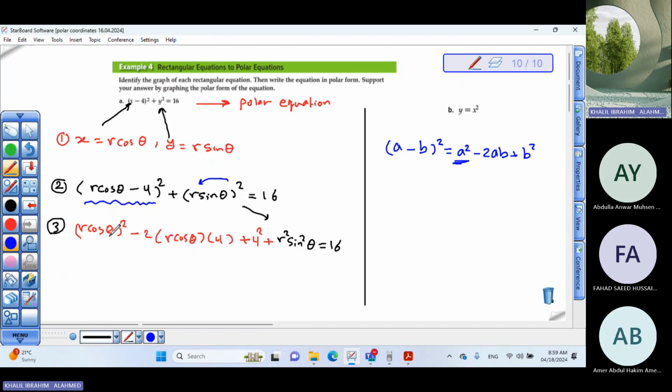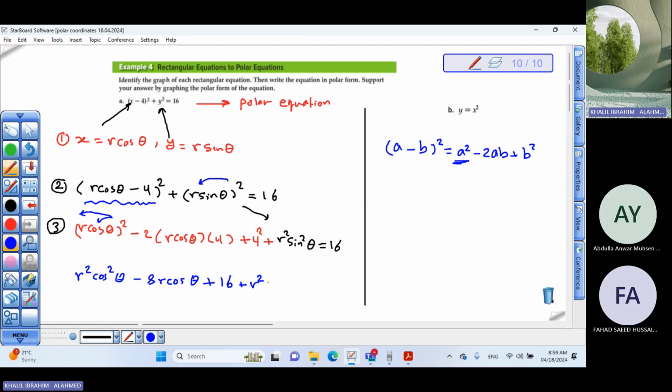Everything is ready now. The power distributes to the first and the second terms. R squared cosine squared theta minus 2 times 4, 8, minus 8 r cosine theta plus 16, plus r squared sine squared theta equals 16.